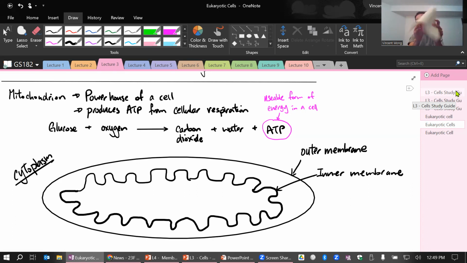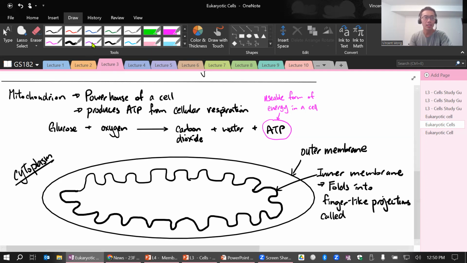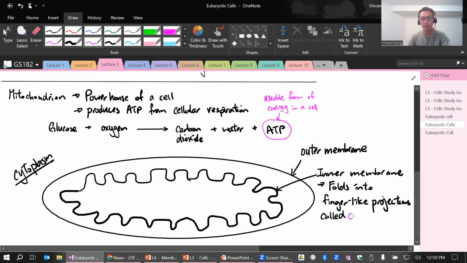The inner membrane folds up like this, right? Just up and down, forming these wrinkles, these foldings. It folds into finger-like projections, and finger-like just means it looks like fingers, okay? Finger-like projections called cristae.